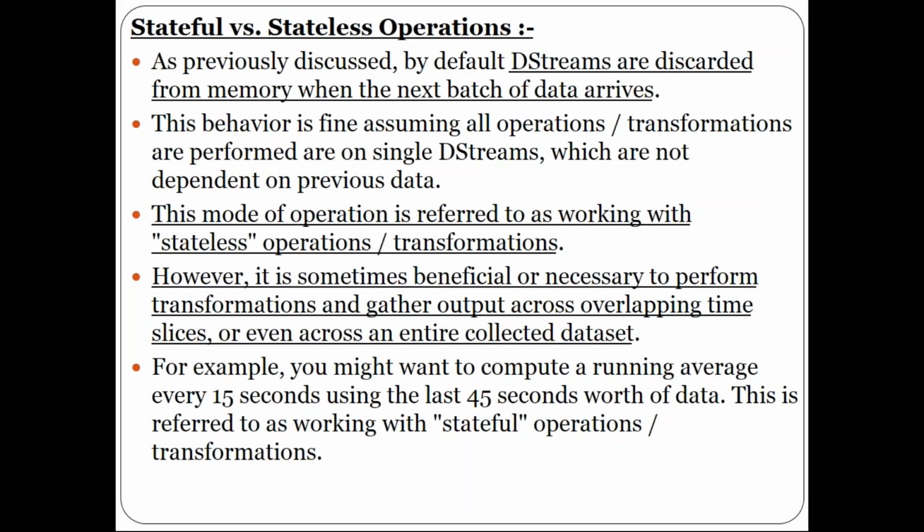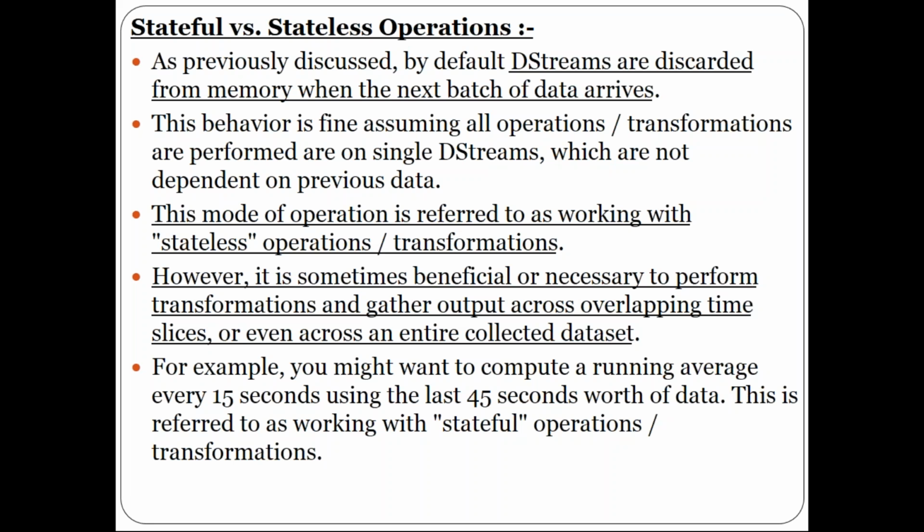As previously discussed, by default DStreams are discarded from memory when the next batch of data arrives. Once again I repeat, I told you very clearly when we discussed Kafka: when you redefine or recreate a Kafka topic, the metadata stored in your Kafka topics, about when it started and when it transformed, will be deleted, but the core HDFS data will not be deleted.